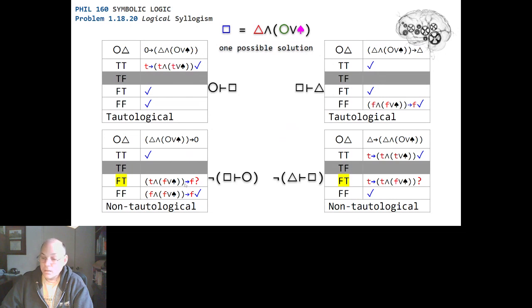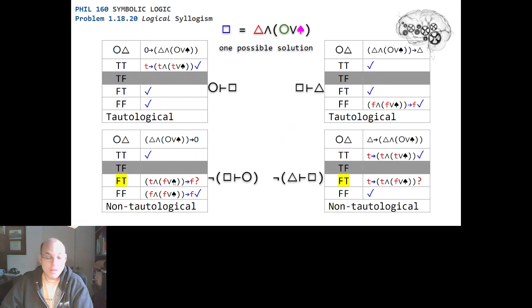a non-tautology. Now we can see if spade is true, then this or value becomes true, which means that this total conjunction becomes true. So our antecedent is true only if a false consequent, so that would work out.